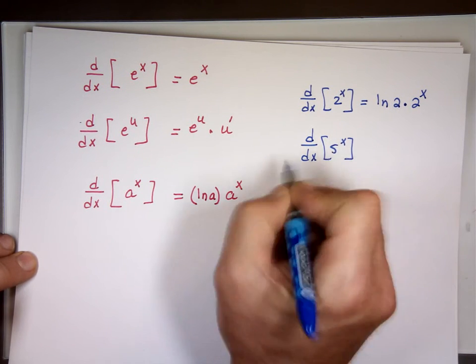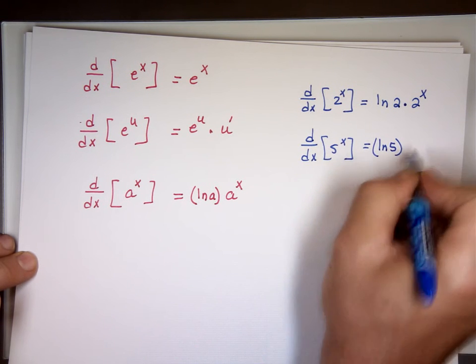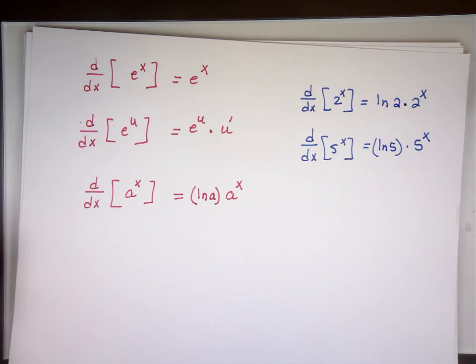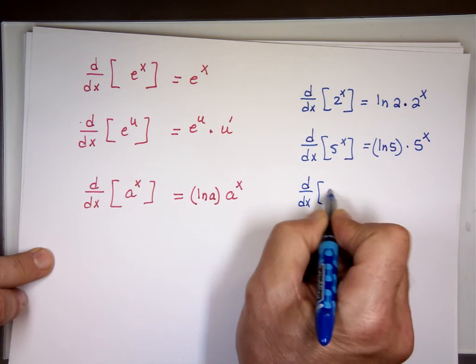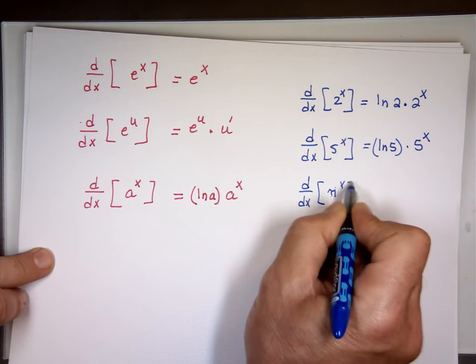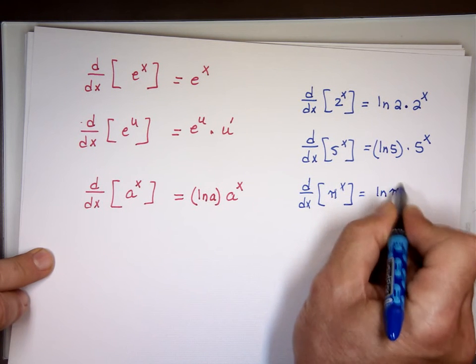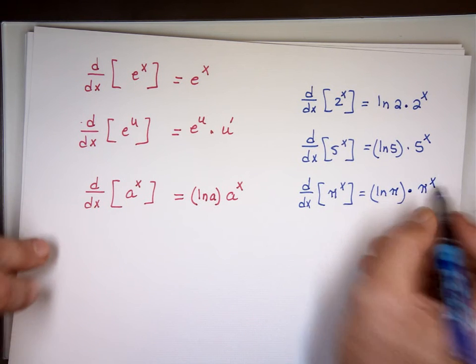It's the natural log of 5 times what? 5 to the x. What's the derivative of pi to the x? It's the natural log of pi times what? Pi to the x. So we make a little adjustment to it when that number is not e.